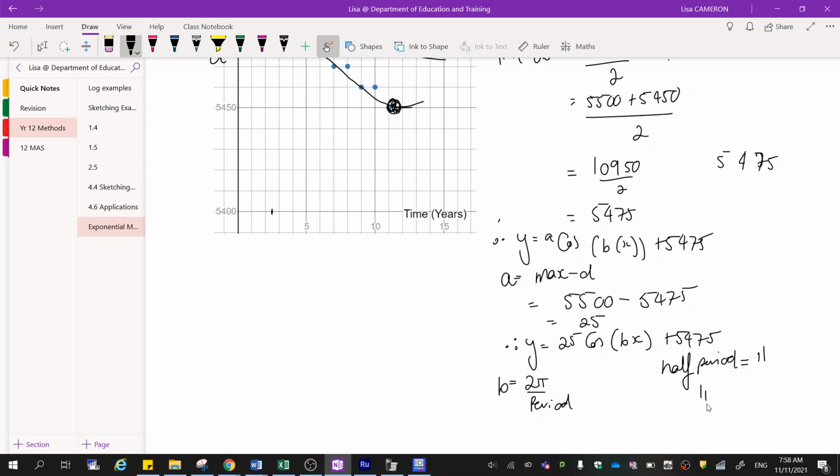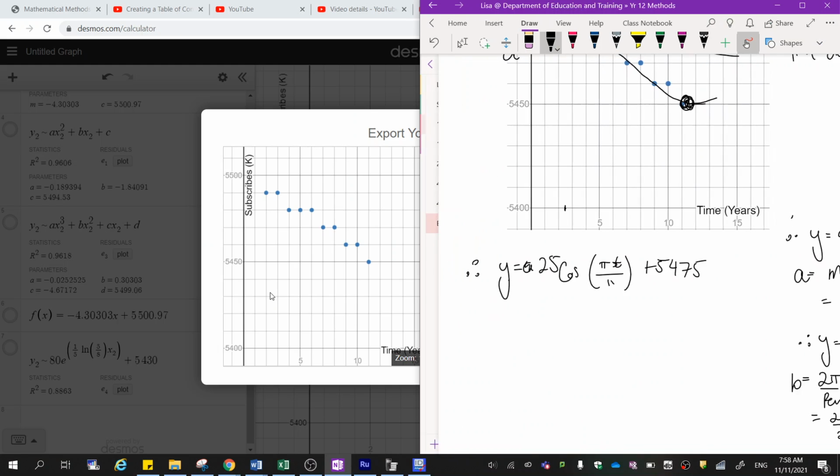That means one period is going to be equal to 22. So here we're going to have 2 pi over 22. When they cancel out, it's going to work out to be pi over 11. So the model that we've developed is y is equal to 25 cos(pi t on 11) plus 5,475.